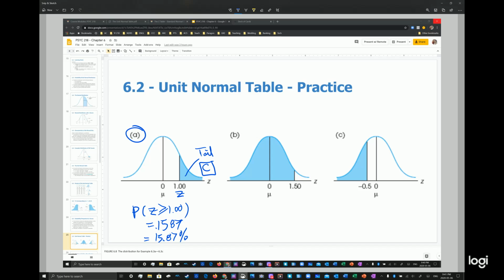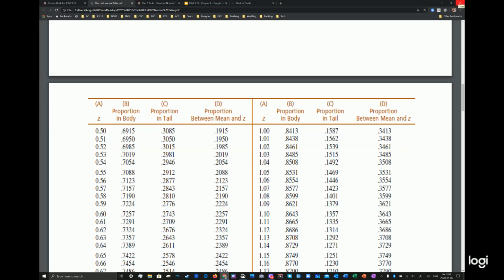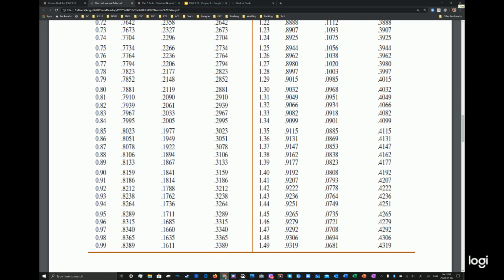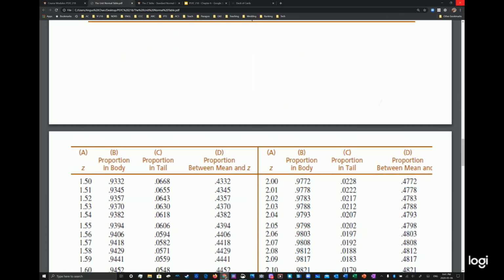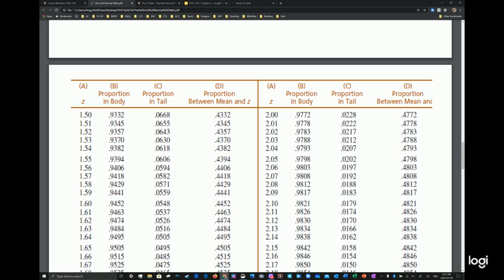So for distribution B, we're asking what is the probability of somebody scoring less than or equal to 1.5. Well, we can locate first 1.5, which is right here. You can see it at the top row there.